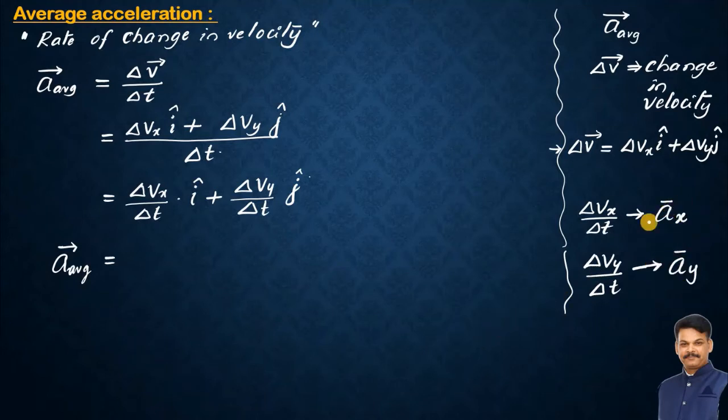If I make these two changes here, I will get the equation for the average acceleration in terms of its components. Dear students, the bar marked on the symbol represents the average. It indicates the average acceleration. So it can be written as the average acceleration component along the x-axis and the average acceleration component along the y-axis, of course with the unit vectors multiplied.